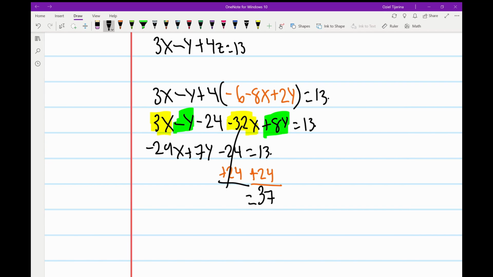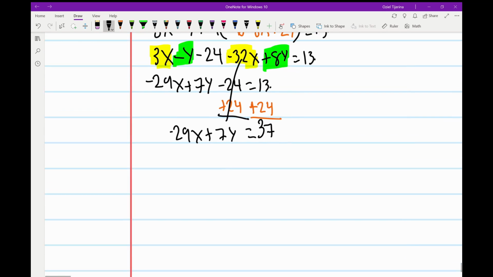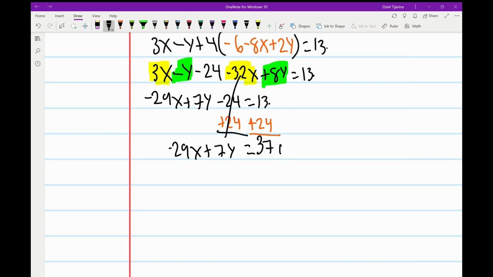This cancels out. You get negative 29x plus 7y equals 37. And now let this be new equation 3, okay?